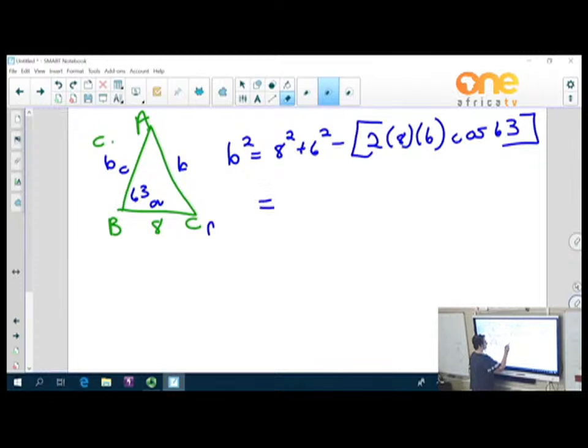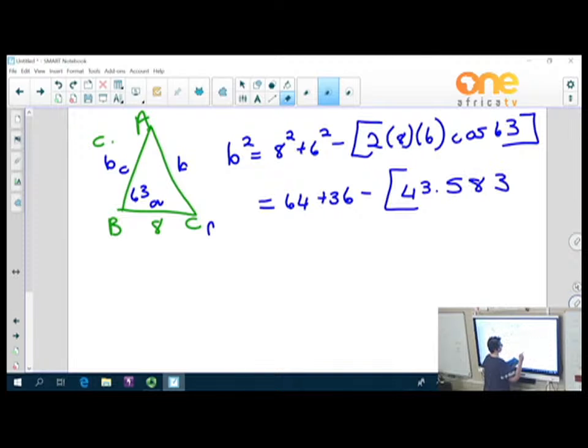Right, so now we do it step by step. 8 squared is 64, 6 squared is 36, minus, and there we need to get that value there in the bracket. 2 times 8 times 6 cosine 63. And I have here 43.583. At least 5 significant figures there. So the next step is now we want B, so we're going to add this and then square root it.